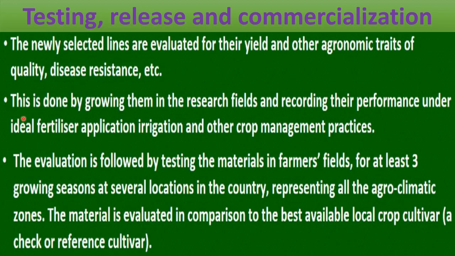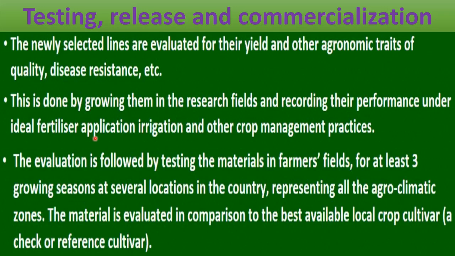Now this is done by growing them in a research field. So how are these tested? By growing them in a research field and recording their performance under ideal fertilizer application. So in the research field there will be ideal fertilizer application, that all the fertilizers required for the plant growth, for the good development of the plant, will be given there.